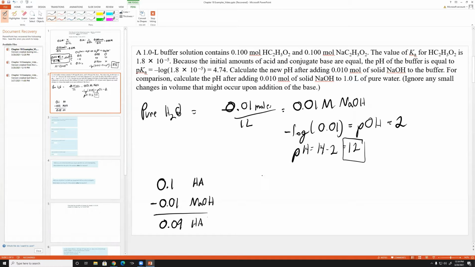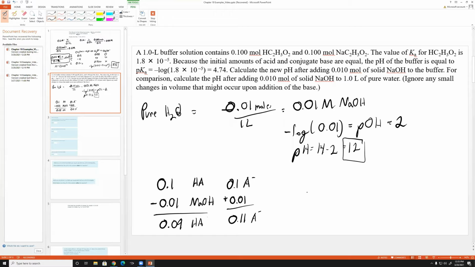Then for the base, we have A minus, which we originally have 0.1 of, and now we're adding the 0.01 of the acid, the HA, that was converted or neutralized by the additional base to create more of the conjugate base. And that would be 0.11 of A minus.